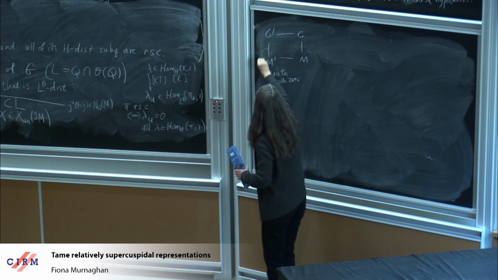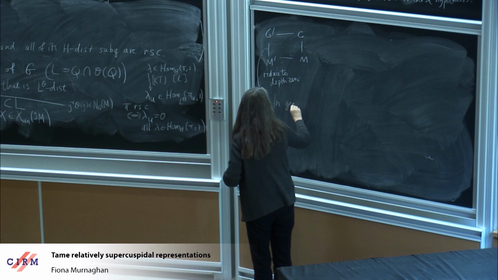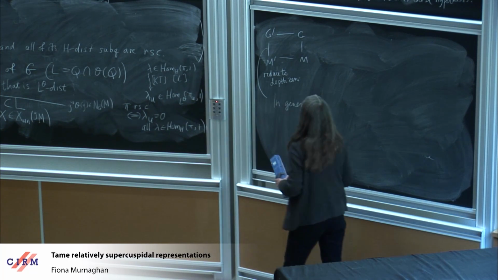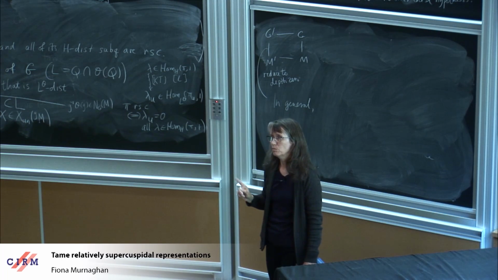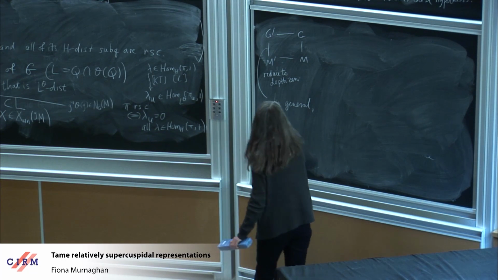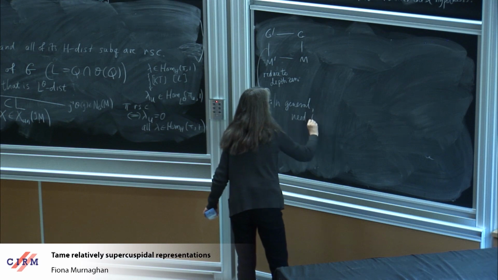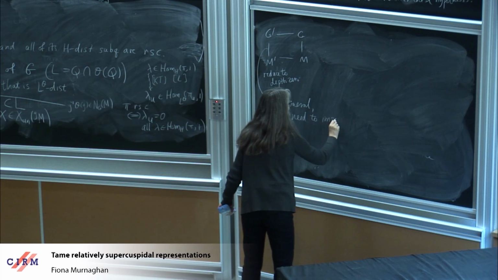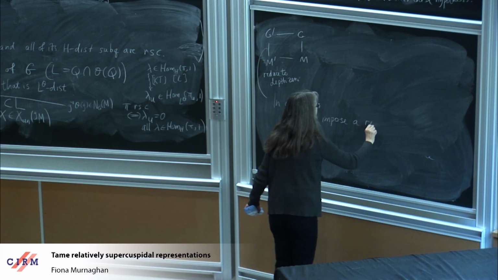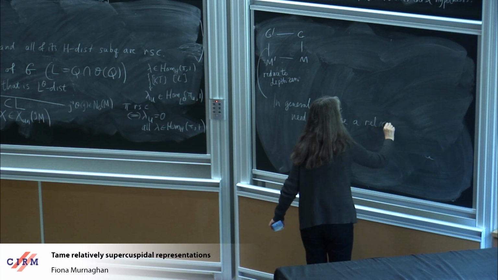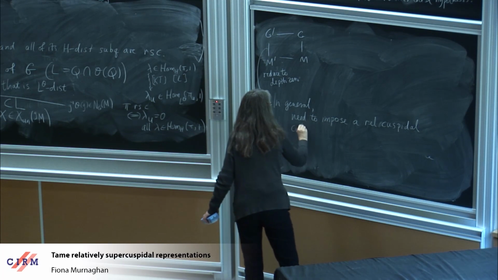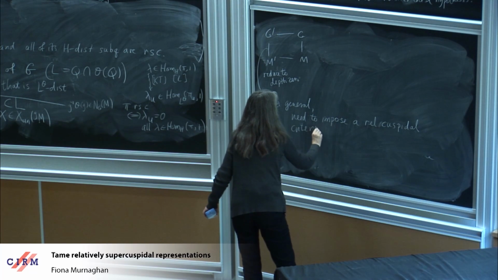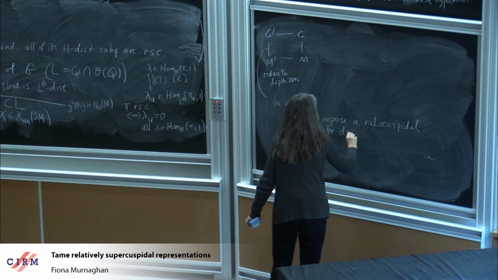And what should happen in general is that we get some sort of relative cuspidal criterion for depth zero types arising here.